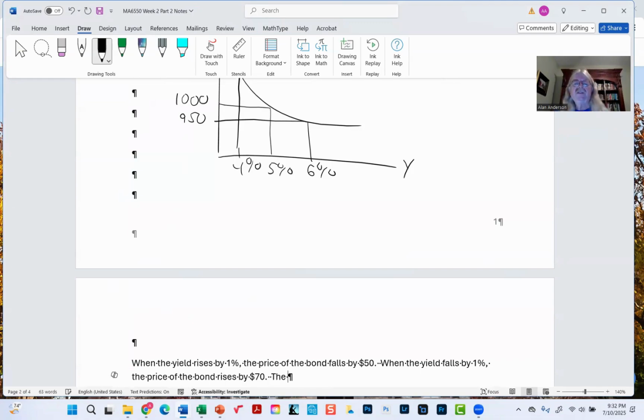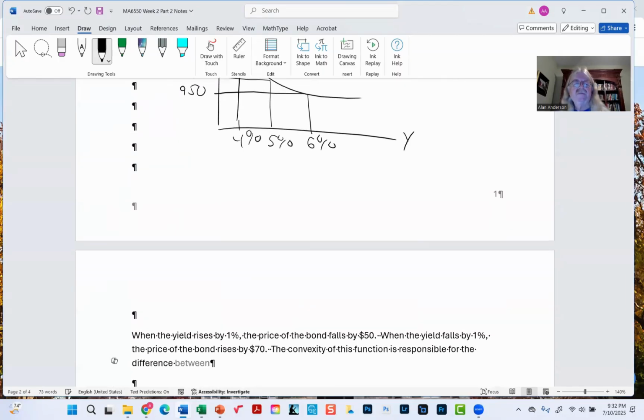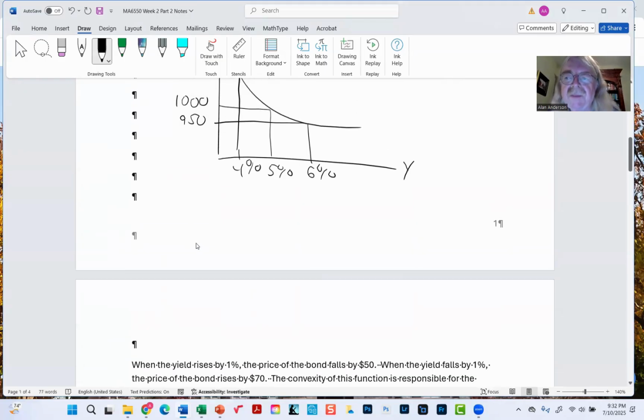So the convexity of this function is responsible for the difference between the two cases. In other words, if the relationship was linear, then we would gain or lose the same amount.